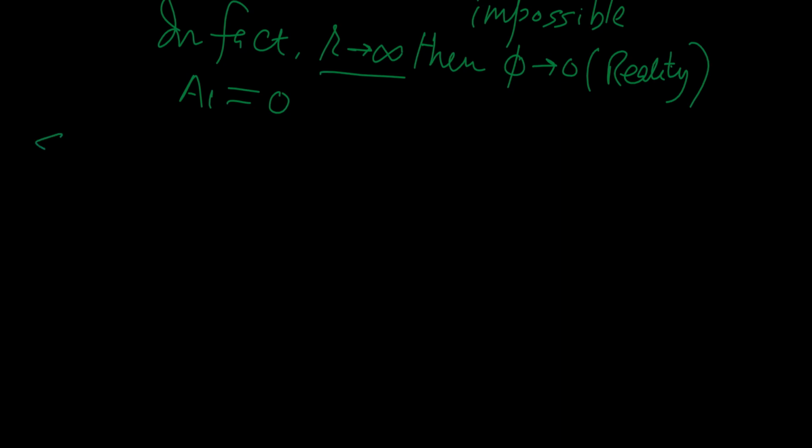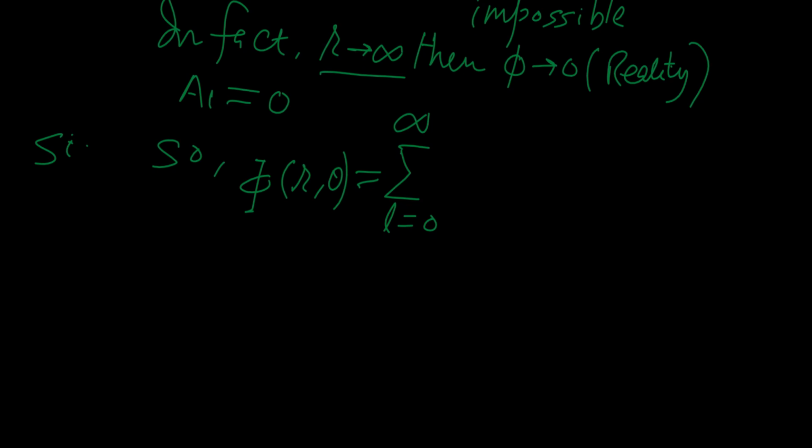So our equation 1 becomes phi of r, theta equals the summation over L from 0 to infinity of BL divided by r to the power L plus 1, times PL of cos theta. This will be our solution in this situation.